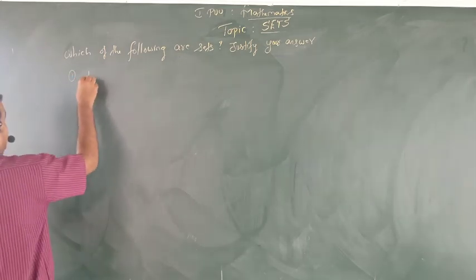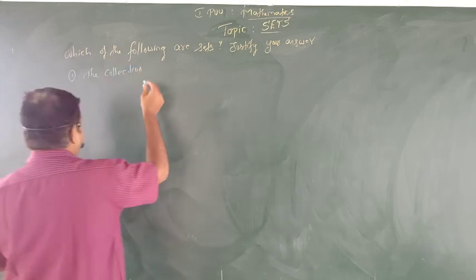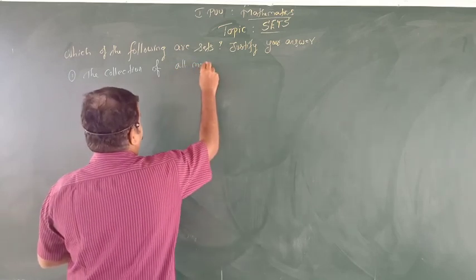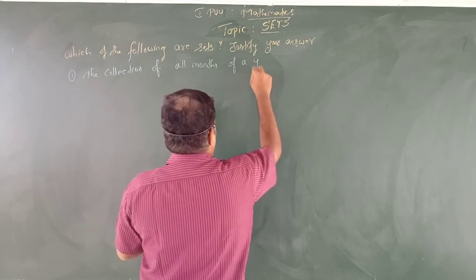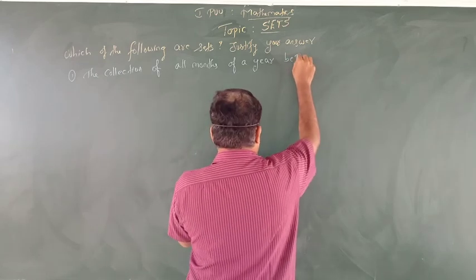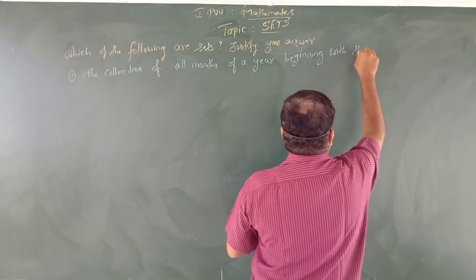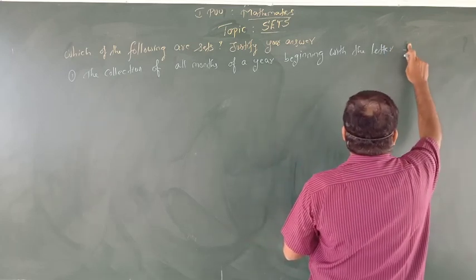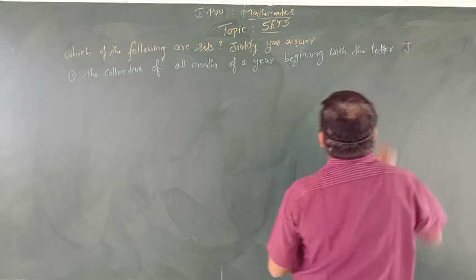The first question: the collection of all months of a year beginning with the letter J. This is the question.